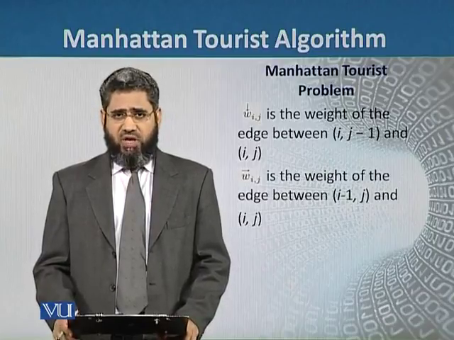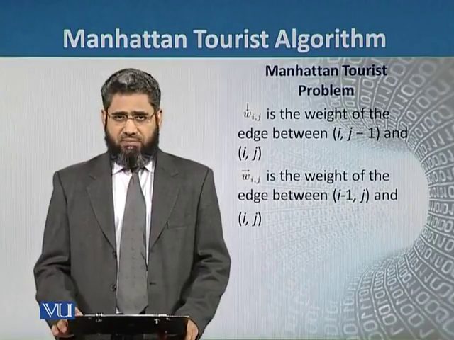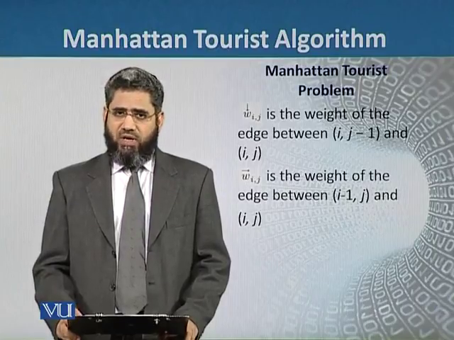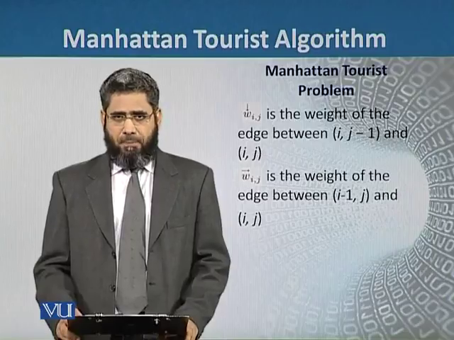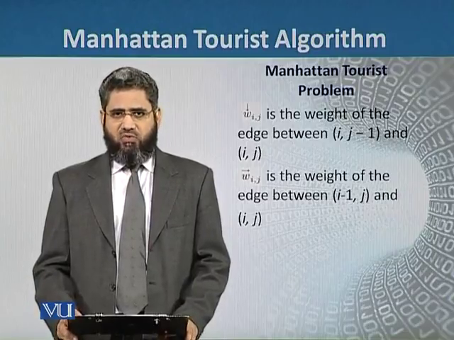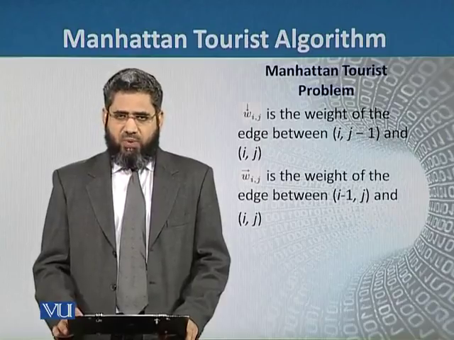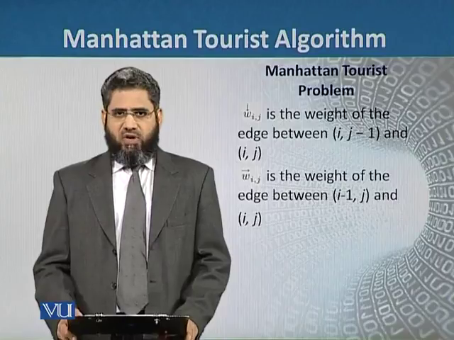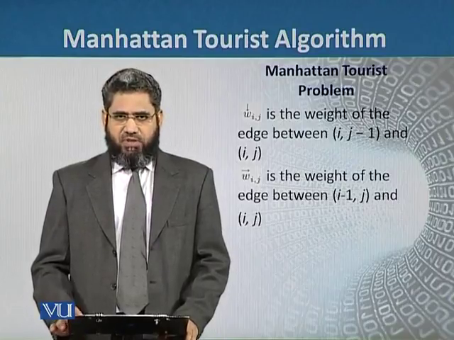In the previous one we took j minus 1, and in this W we will take i minus 1, and the value of j will remain the same, and the weight between the original values of i and j. So by calculating these two types of weights, we can find the edge weights in between these two values.